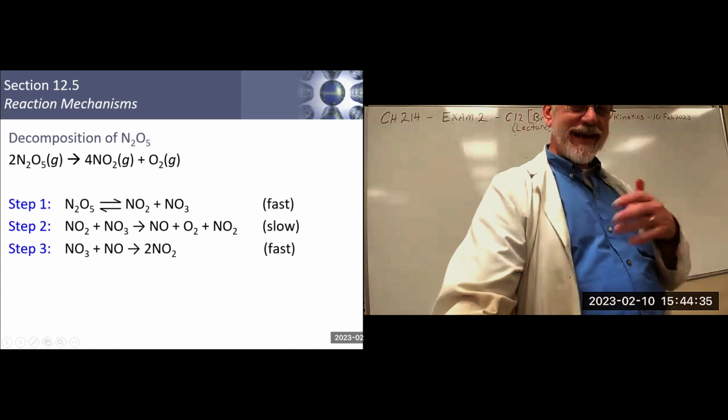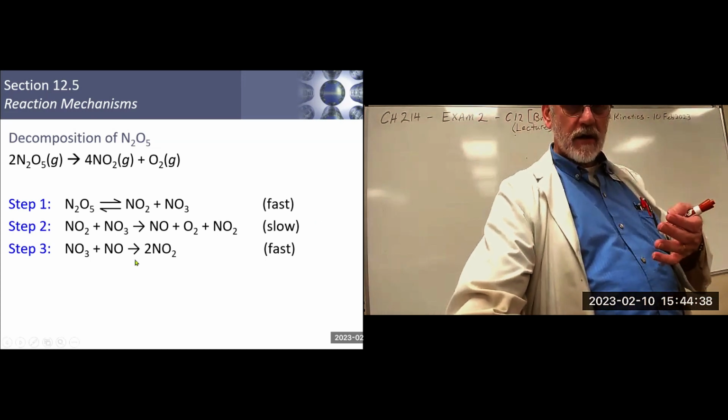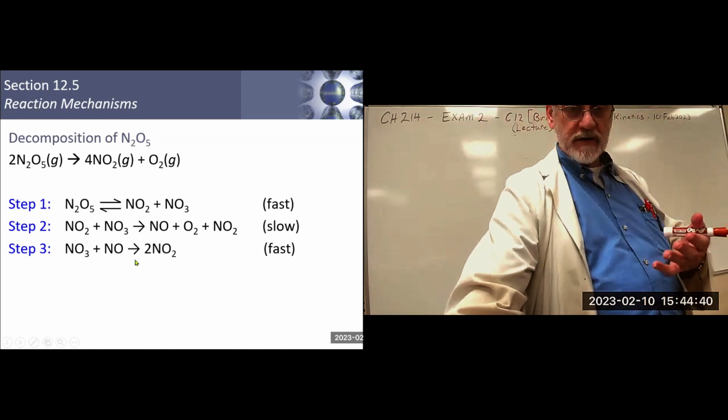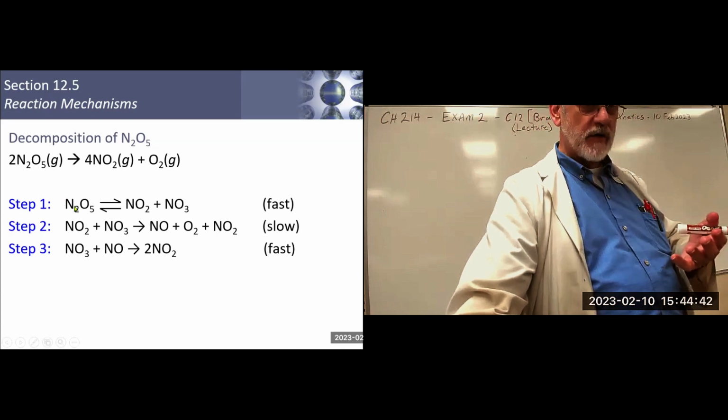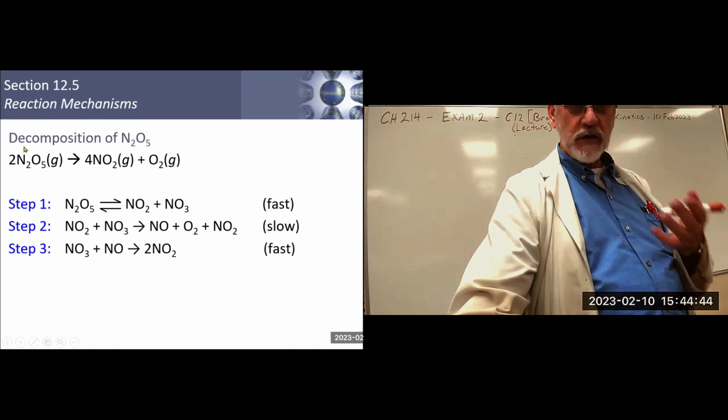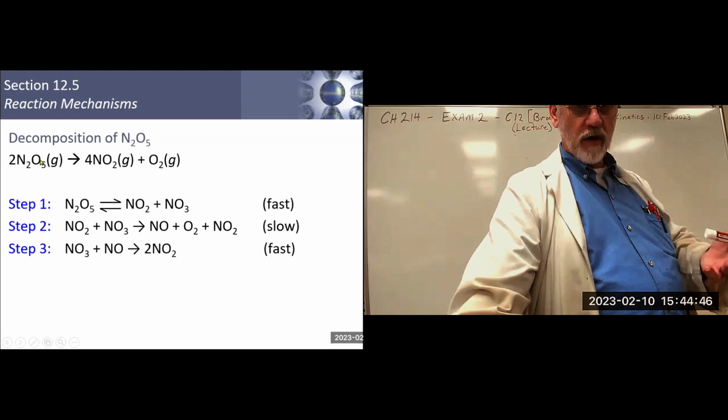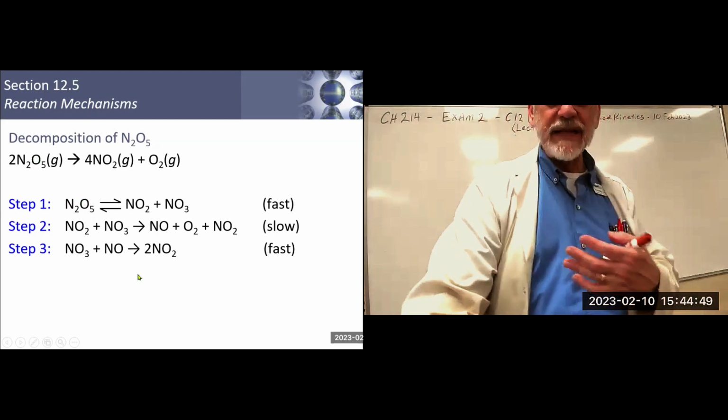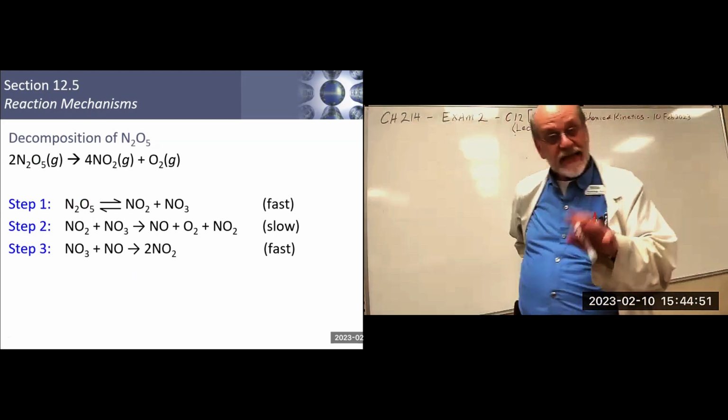Okay, if you try to add those up now, are you going to get that overall equation? Notice that on the left-hand side, there's only one N2O5. You need two in the overall equation, right? So we've got to manipulate these legally.